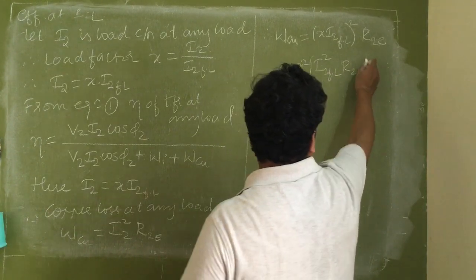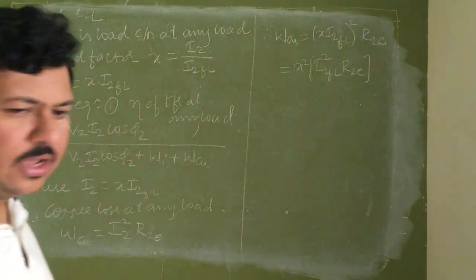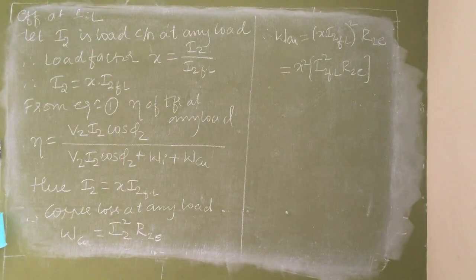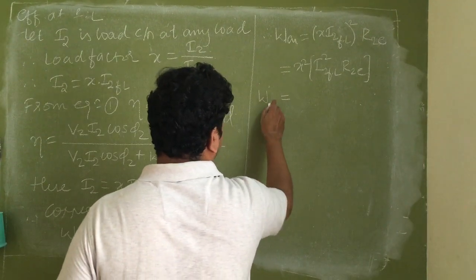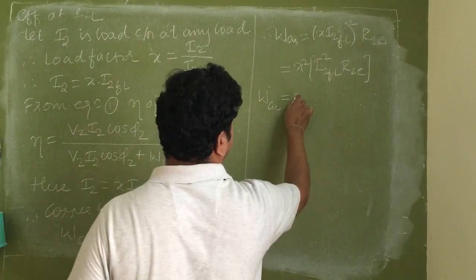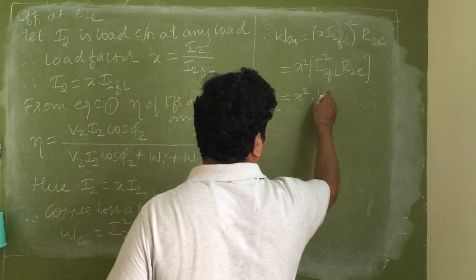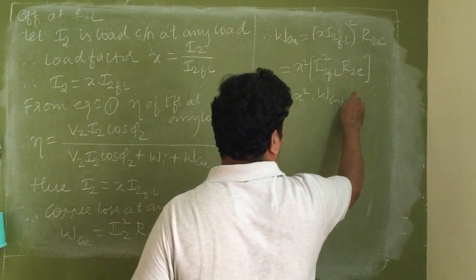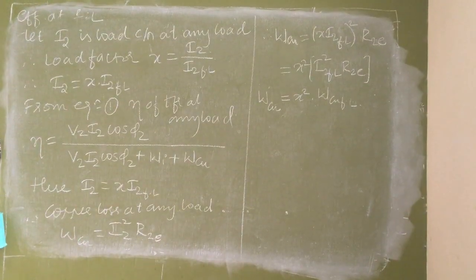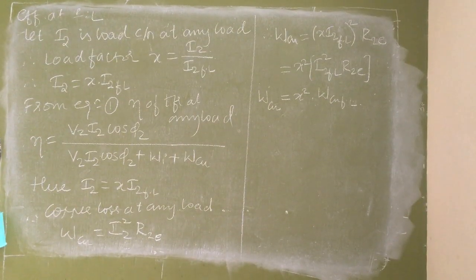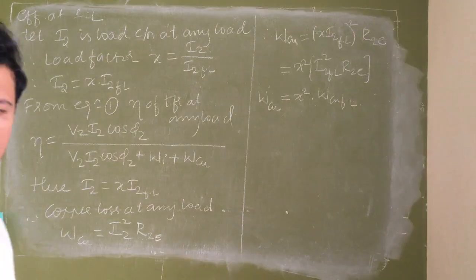Now what is I2 full load square R2e? It is the full load copper loss. So I can write, copper loss at any load is equal to x square into copper loss at full load.